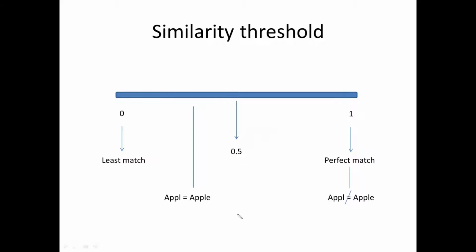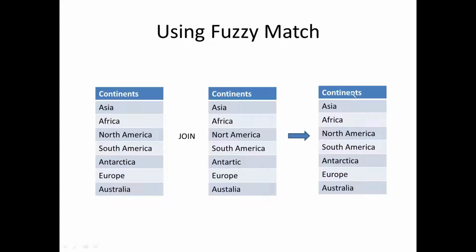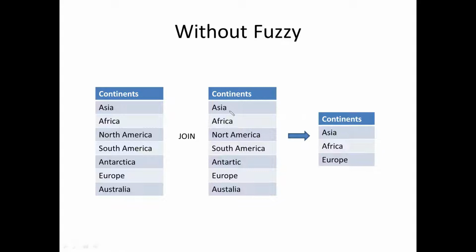If you give 0, it is the least match. Here in the previous slide, if you had given 1, this matching wouldn't happen. It would go to exact match, like this.